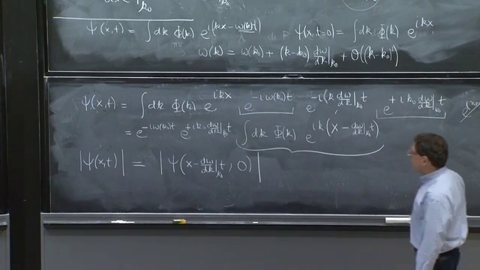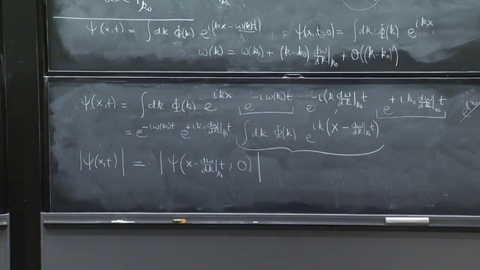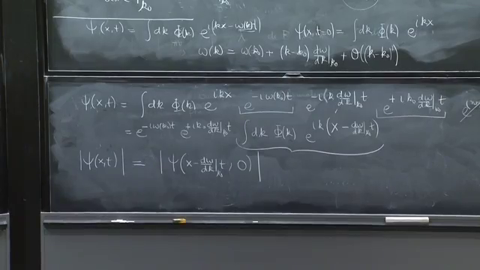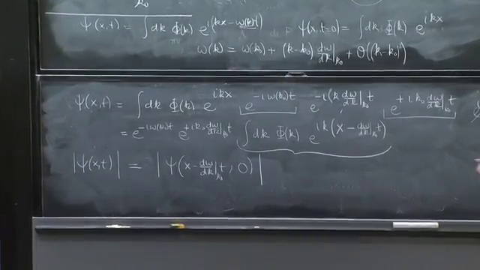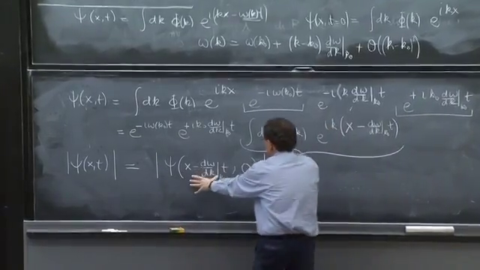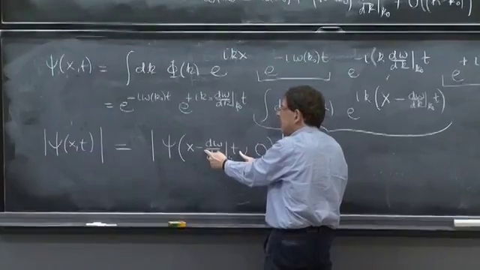So look what we've proven. The norm of the wave function, or the wave, at any time t looks like the wave looked at time equals 0, but just displaced a distance.